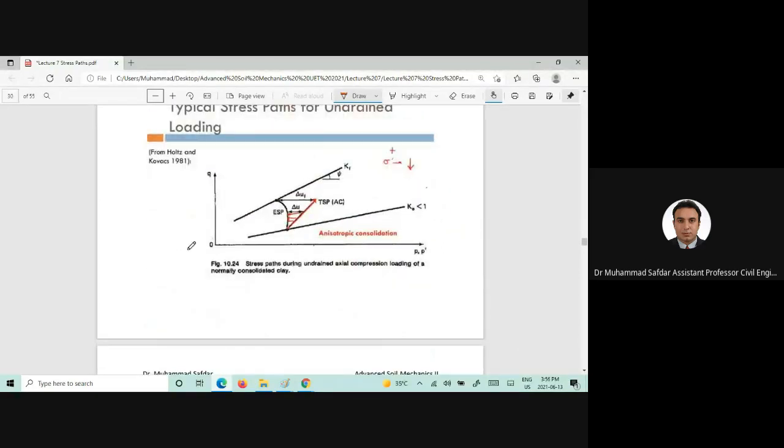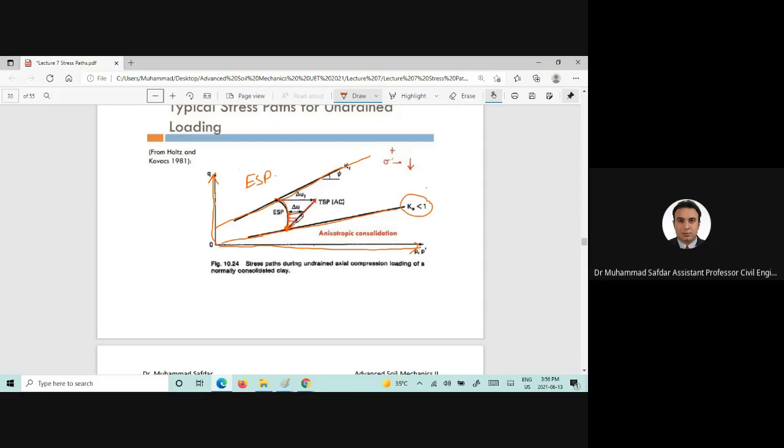For anisotropic condition, because this is the isotropic condition, for anisotropic condition where K naught is less than 1, if you want to plot the stress path or the effective stress path, it will look like this, and it will reach a failure line Kf.